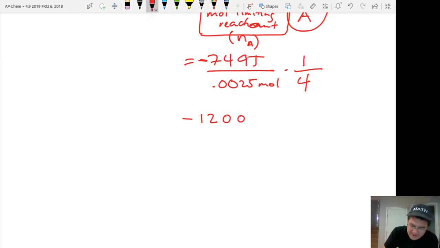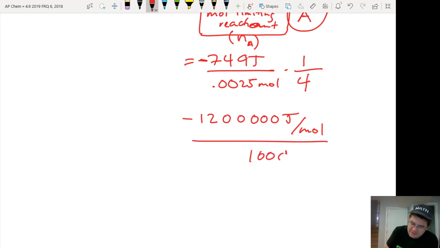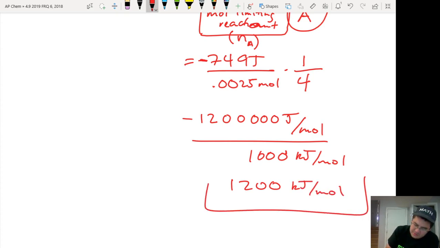Actually, it comes out very small, so I can do negative. 1, 2, 3. I think it comes out to this many joules per mole. Okay, and then changing that to kilojoules, divide by 1,000. You end up with negative 1,200 kilojoules per mole, which is a huge, huge reaction.